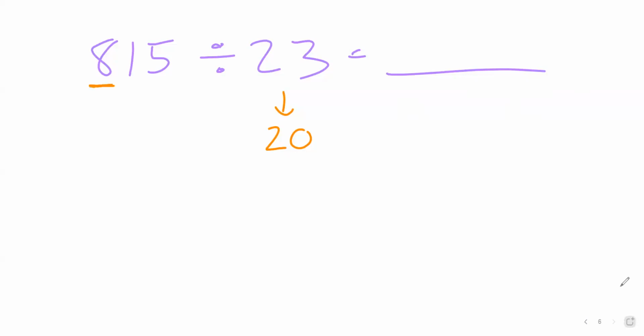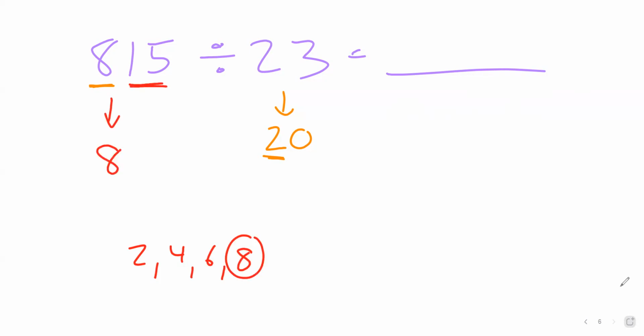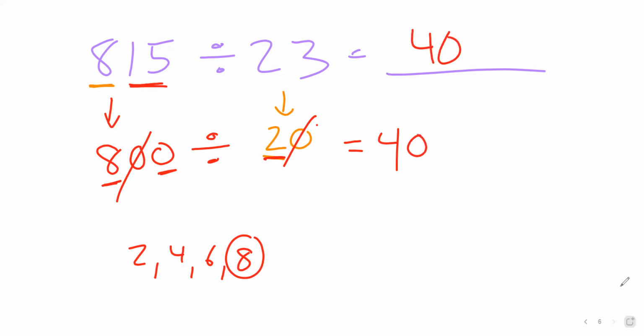So what I'm actually going to do is focus on my non-zeros in this case. I'm going to think 2, 4, 6, 8. So I'm going to keep this as the 8, but then I'm going to round that and go 800. And now we have 8 divided by 2. That gets me 4. And then 0 matches a 0. This doesn't have a 0, so I give it. So my answer is about 40.